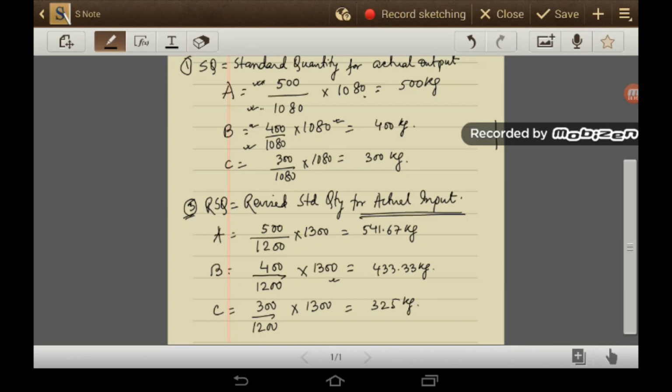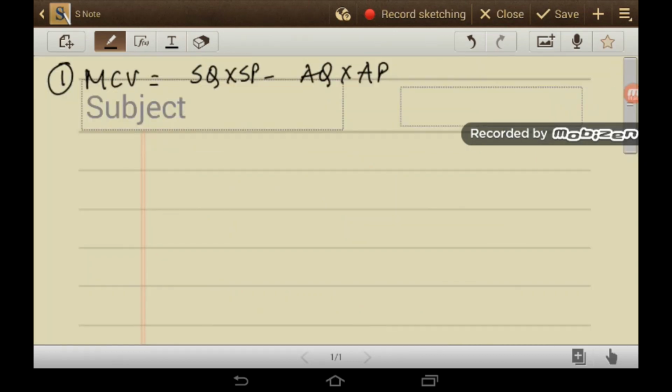Now I am moving further to calculate the material cost variance and all the sub-variances. Material cost variance is given by the formula standard quantity into standard price minus actual quantity into actual price. We have already calculated the value of standard quantity.